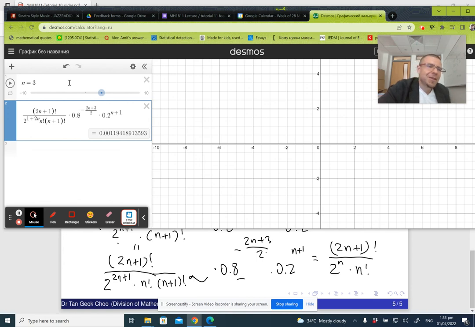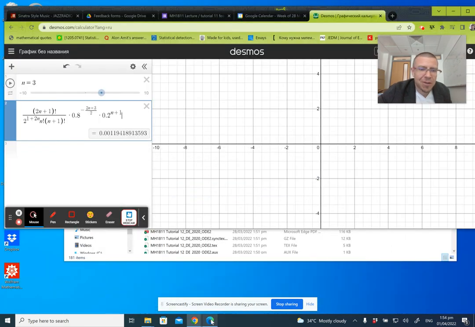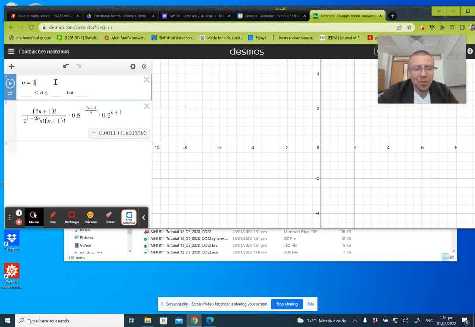This is the error when we estimate a given number with 3 terms, and I think it's already smaller than, what was the question again? 0.02, and I think it's already smaller. But if you really want more terms, here's the error with 4 terms, 5 terms, 6 terms, and so on.